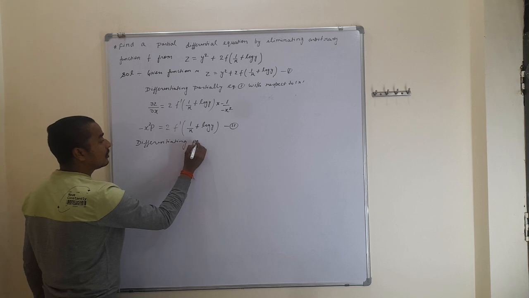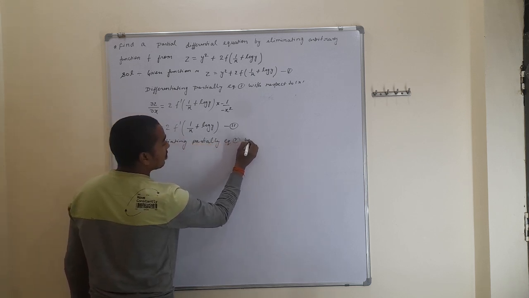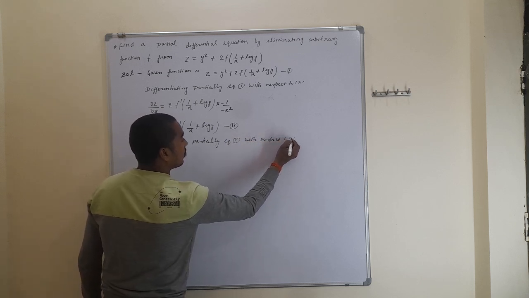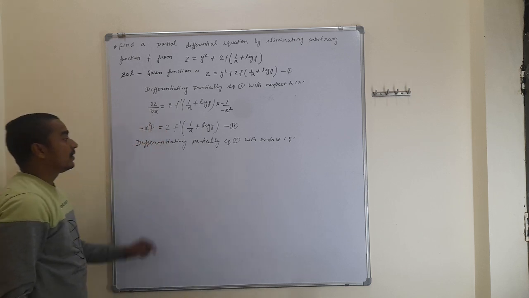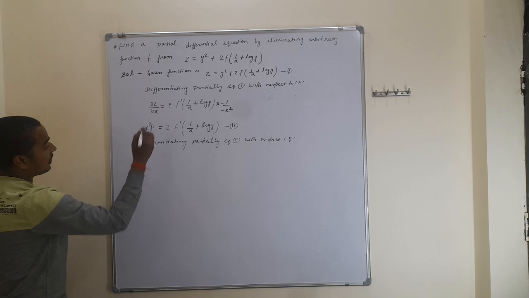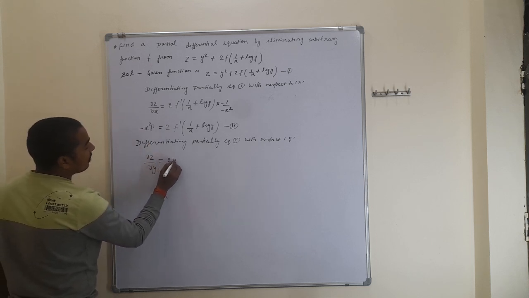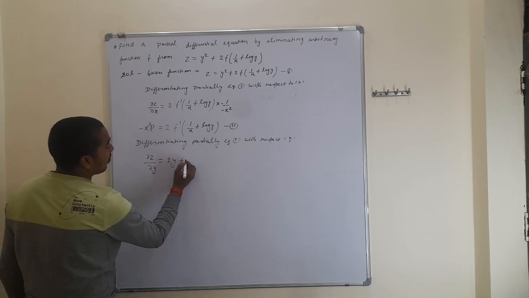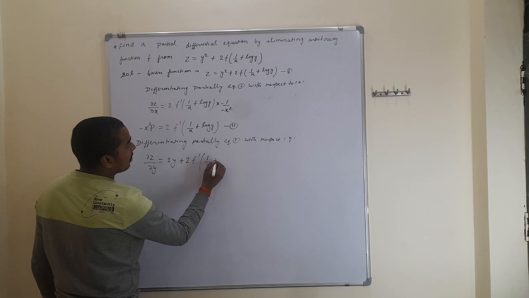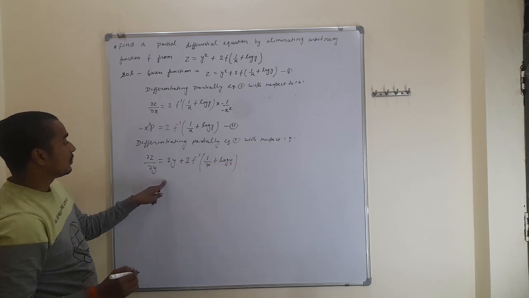Differentiating equation 1 partially with respect to y, treating x as a constant, ∂z/∂y is equal to 2y plus 2f'(1/x + log y) times the derivative of the inside with respect to y.